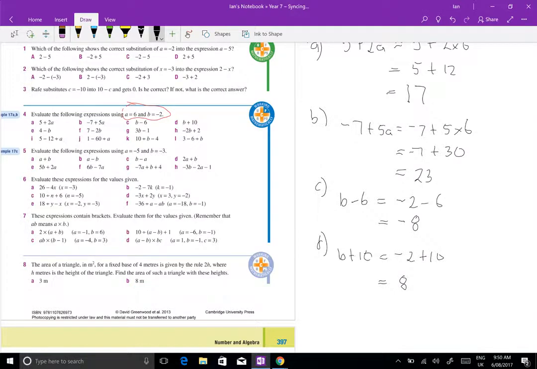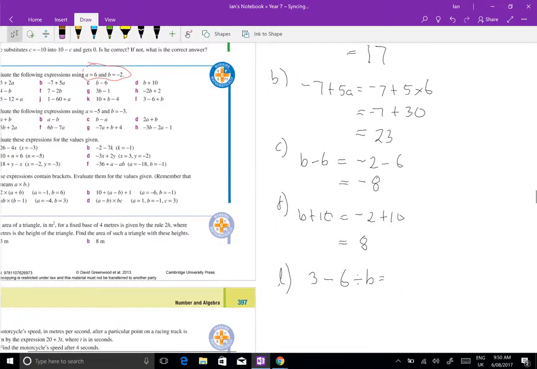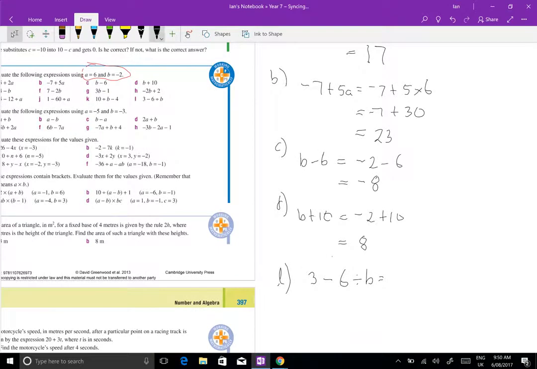I might finish with L. And I've got 3 minus 6 divided by B. So again, substitution, I just put the value in. 3 minus 6 divided by -2.